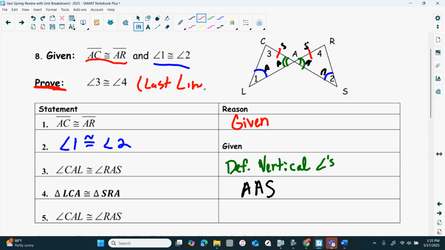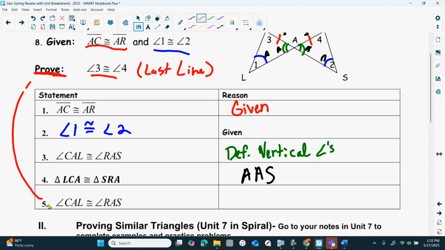And if I look down here, oh, we're missing that statement, sorry. Angle 3, sorry, that should be here. Angle 3 is congruent to angle 4. Looks like I copied that over. There's a typo there. And I know it's congruent using the CPCTC. Corresponding parts in congruent triangles are congruent.